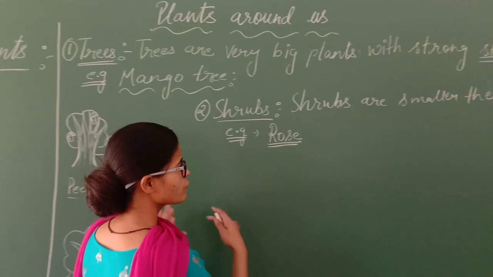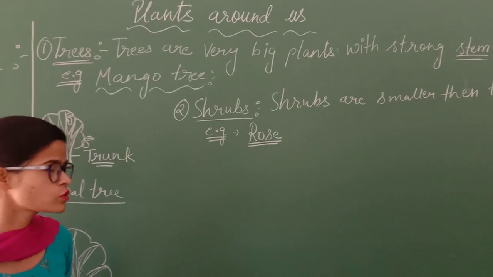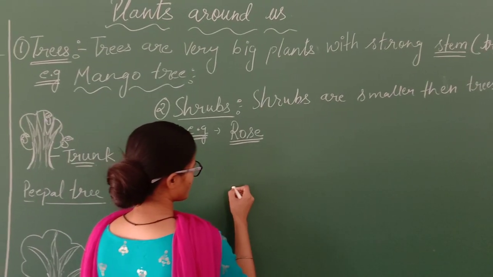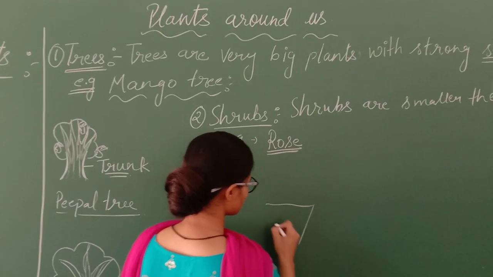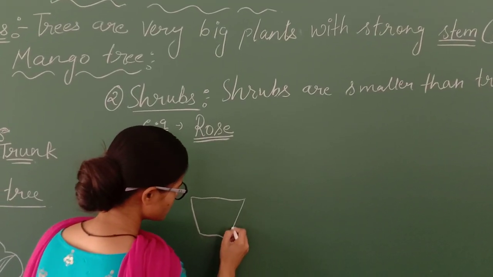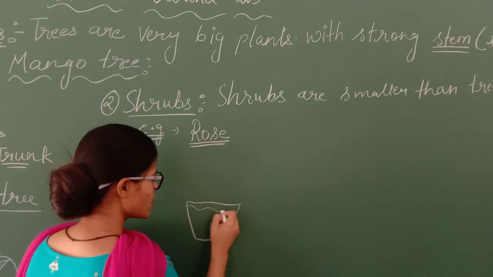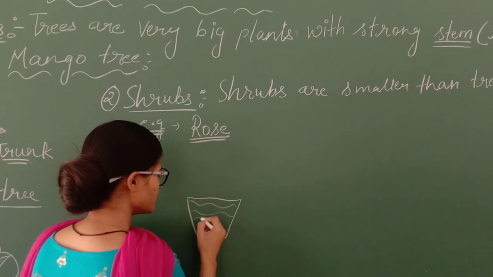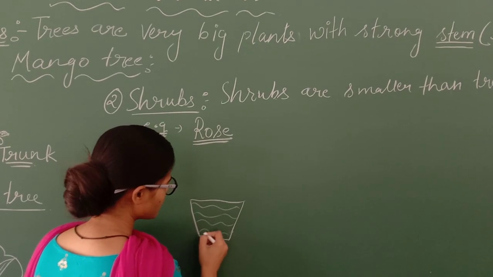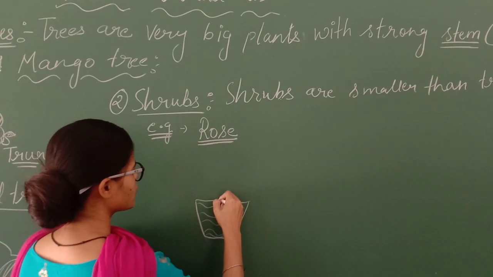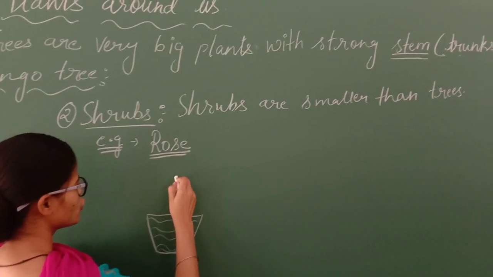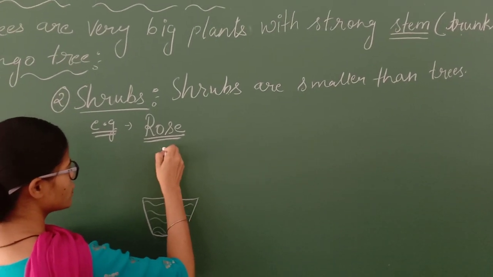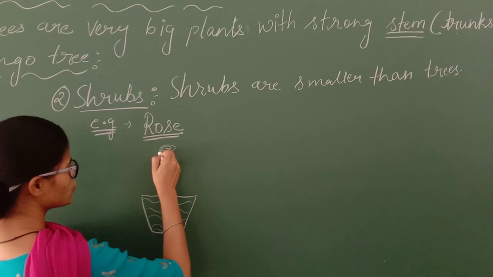I will draw a rose for you. Make a pot. You have to draw a pot like this, and color it nicely. Then this is the rose plant. This is the rose.